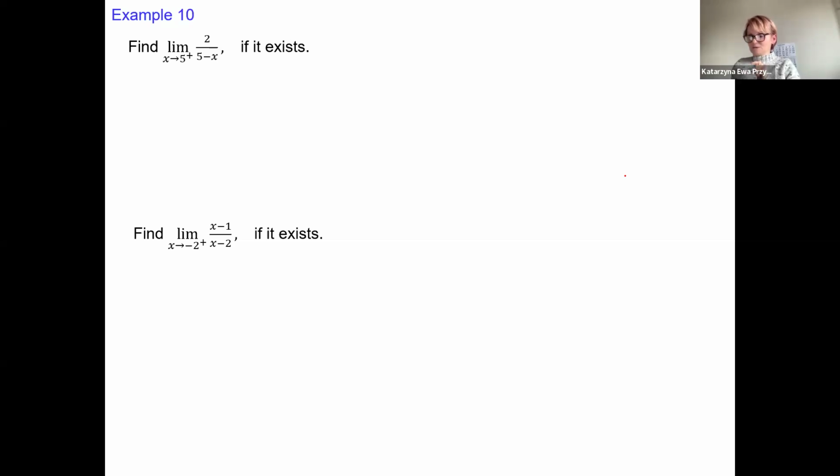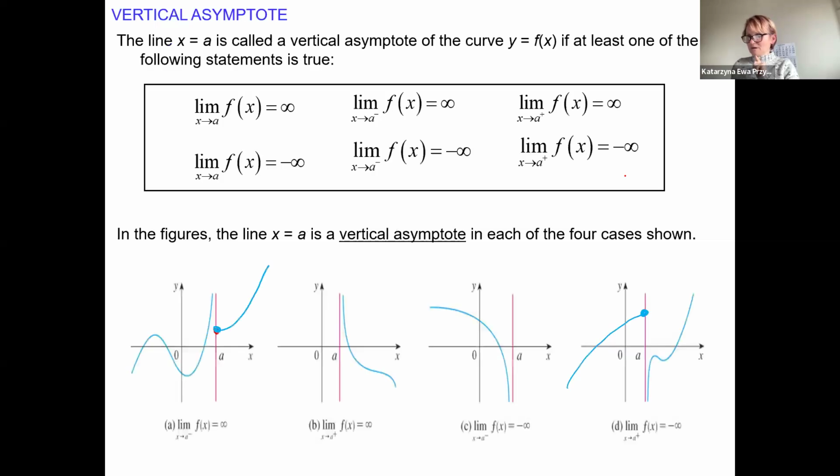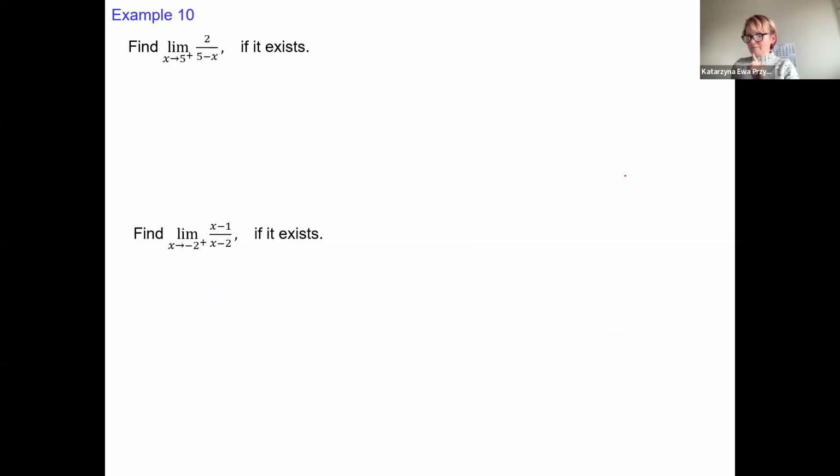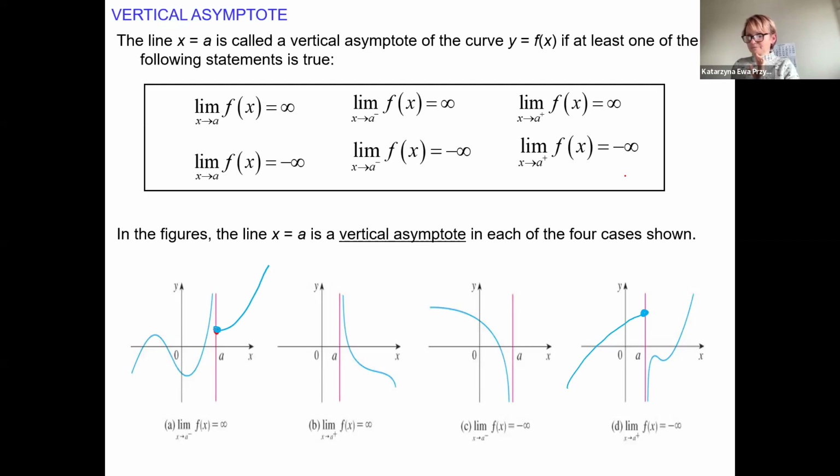Okay, and what else? No, let's leave this one for later. We can finish with this, because I named the vertical asymptote, but we do have a definition of a vertical asymptote. It's another way to find if the function has a vertical asymptote, especially for a number that is not in the domain.